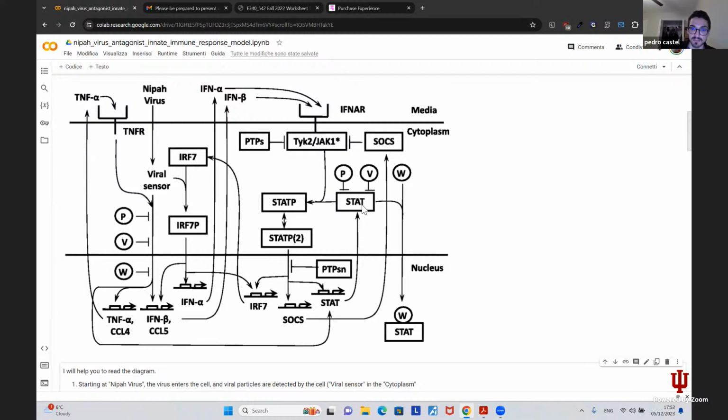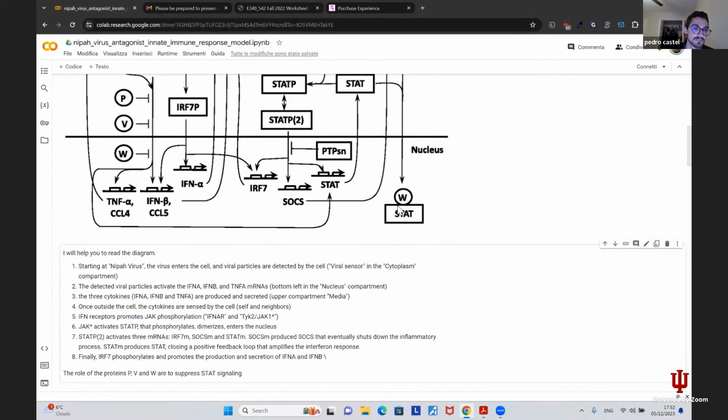They inhibit the production of STAT, and they shut down the positive feedback loop that the interferon production needs to have that spike of interferon that causes the inflammation. So in the case of the Nipah virus infection, the true inflammation happens after you are almost sentenced to death already.